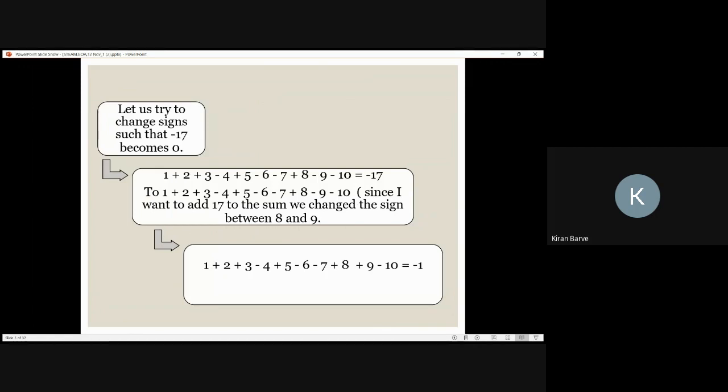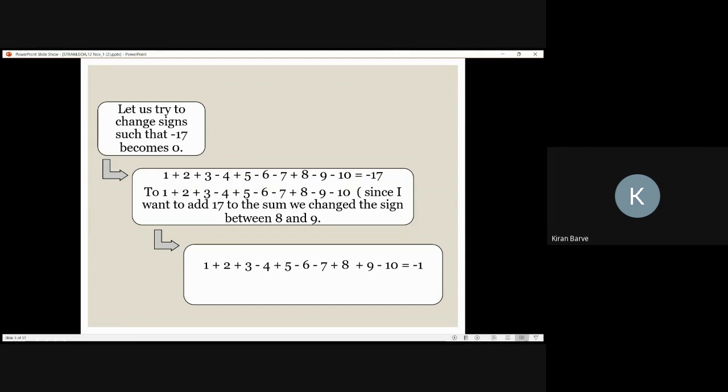Now, see, it's minus 17. And I have to make it come as close as possible to 0. So I will try to make it positive, or I will do something else.